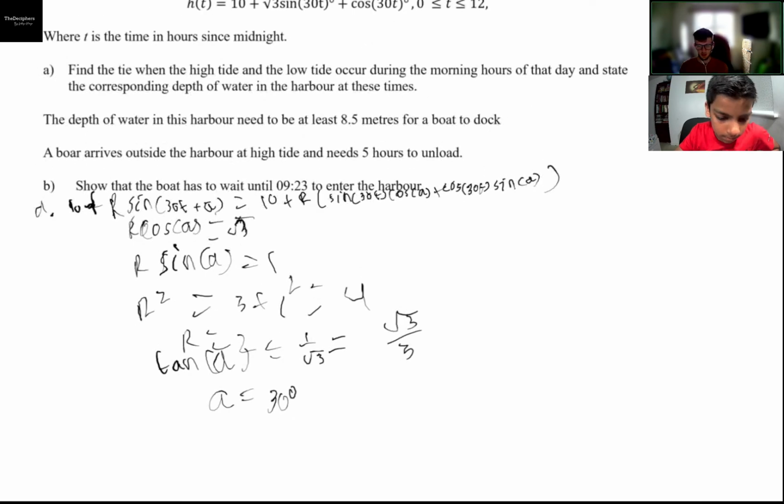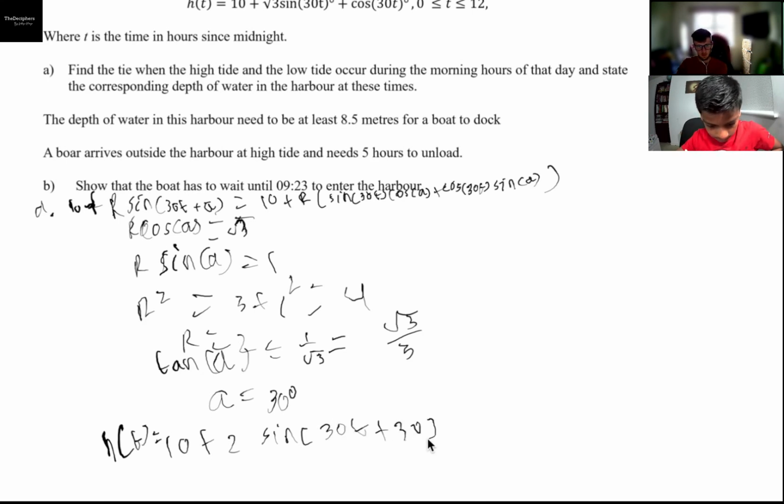So then we can write down our original function, h(t). So h of t is 10 plus 2 sine of 30t plus 30.